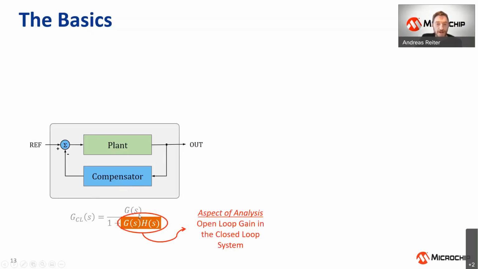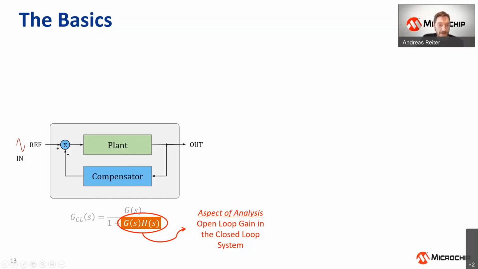So what we are looking at when performing stability analysis is only the open loop gain within the closed loop system. That means we are observing if the product of the plant transfer function and the compensator transfer function approaches -1, because at -1, that term would become undefined and the gain would become infinite in theory.